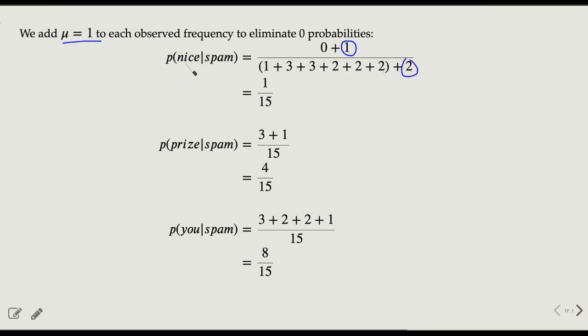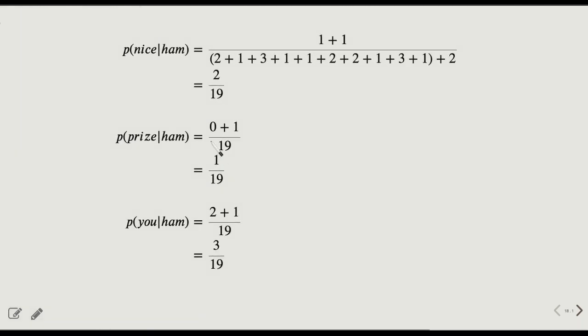So for the probability of nice, for example, nice does not appear at all in the spam collection, so it's 0, but we are going to add 1 to it and divide it by the total. So in the end, this is going to be 1 divided by 15. And so we can do likewise for the other terms in the spam collection.